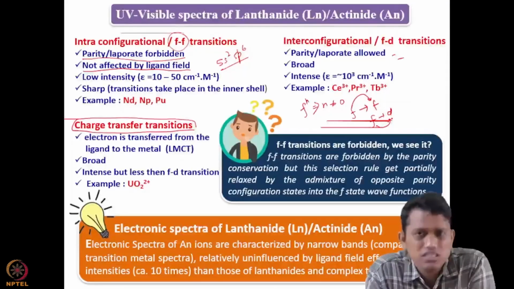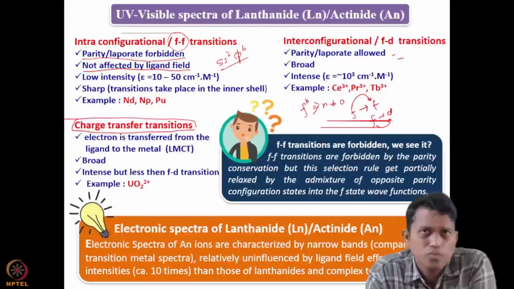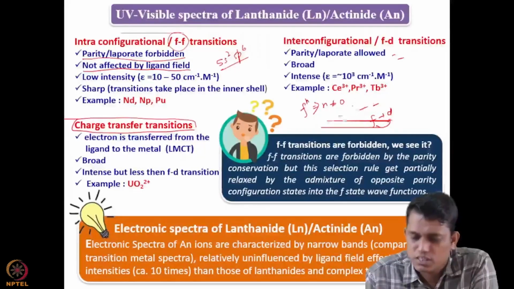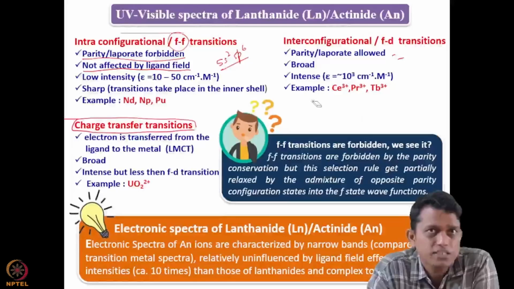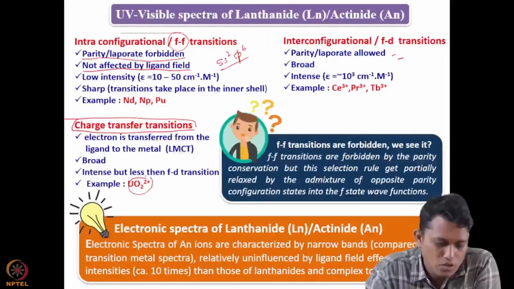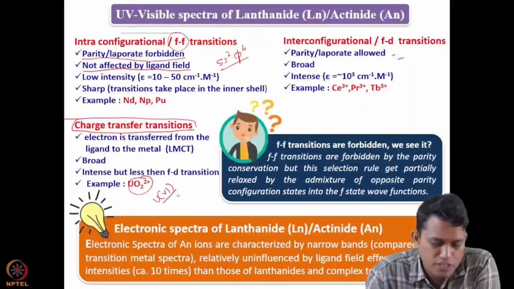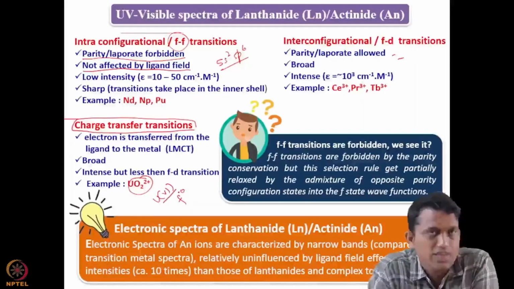But in certain cases, when there is no F electron, in those cases also, we see some kind of transition that mainly arises from charge transfer, and one example is the uranyl ion, that is UO2 2+. This is uranium 6, and if you see the electronic configuration of uranium 6, you will get an F0 state.